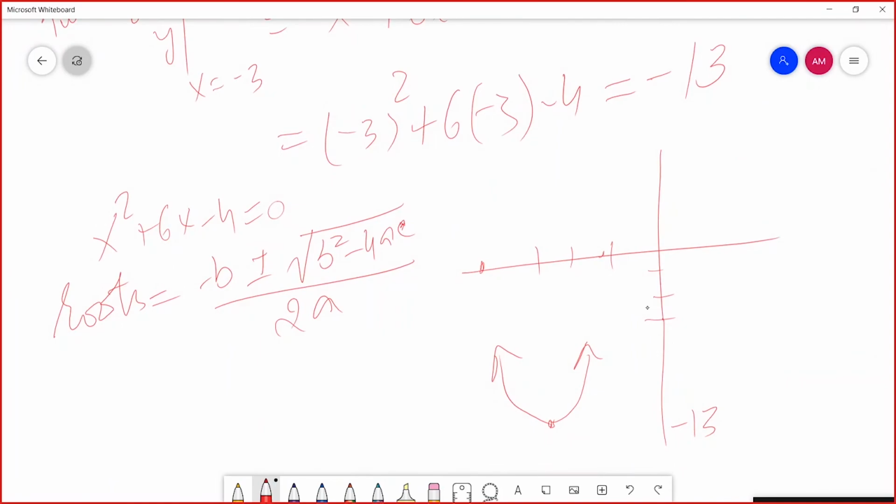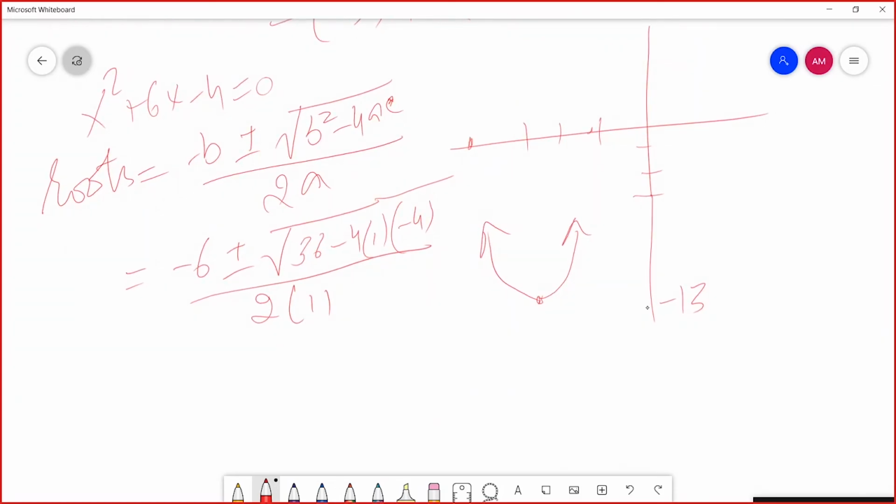So if we do it quickly, the roots would be minus 6 plus or minus the square root of b squared, which is 36, minus 4 times a, which is 1, times c, which is -4, all divided by 2 times a, which is 1.